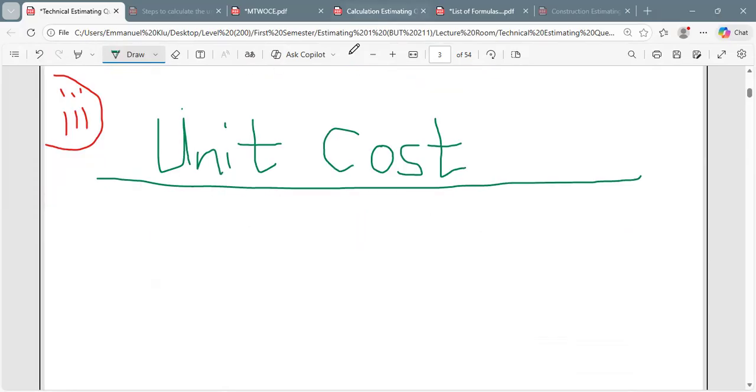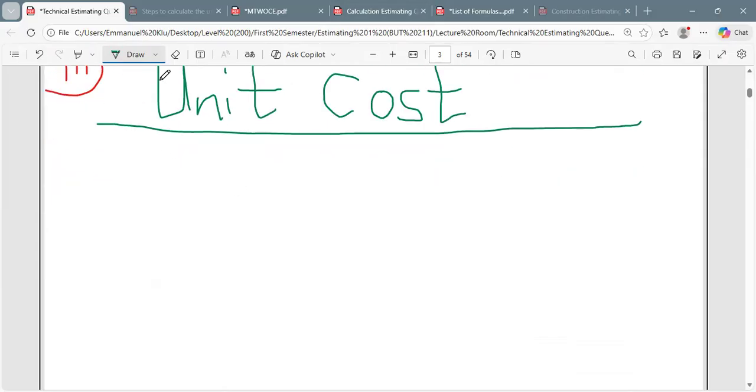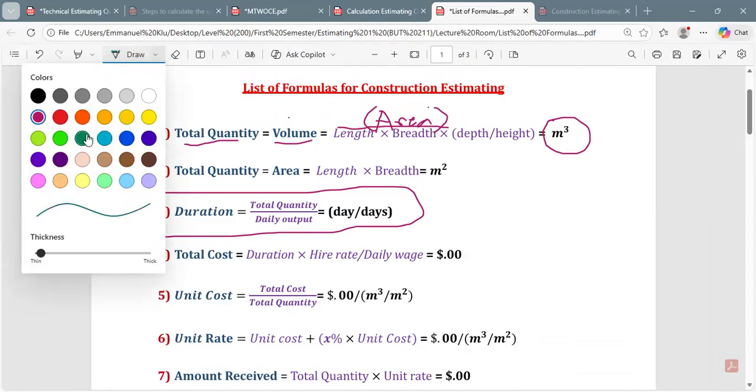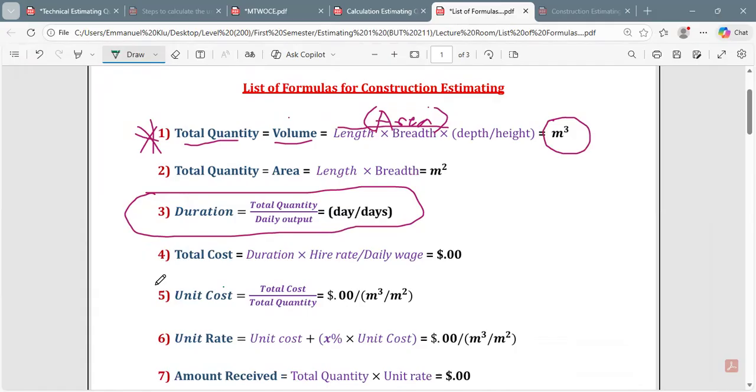All right. So the other day, we learned that our unit cost is equal to, if we can all remember, total cost over total quantity. This is it over here. Let me change and use a different color pen. So this is our unit cost. The formula for it: our unit cost is equal to total cost over total quantity.